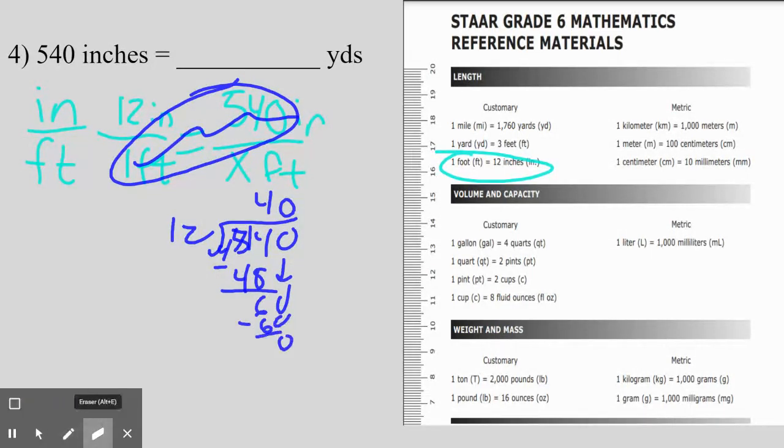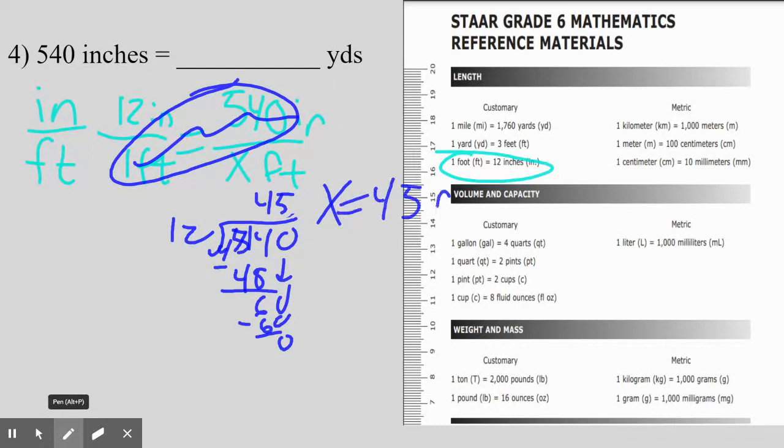I'm sorry, I messed up. That should be a 5 there. There we go. So I get x equals 45 feet. Now, this is not my final answer because I'm looking for yards.